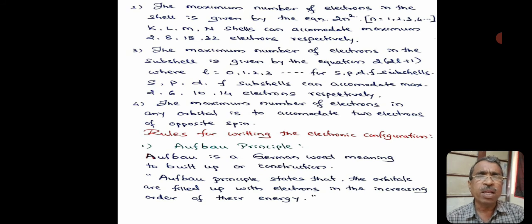Coming to the first one, the Aufbau principle. Aufbau is a German word meaning to build up or construction. The Aufbau principle states that the orbitals are filled up with electrons in the increasing order of their energy.